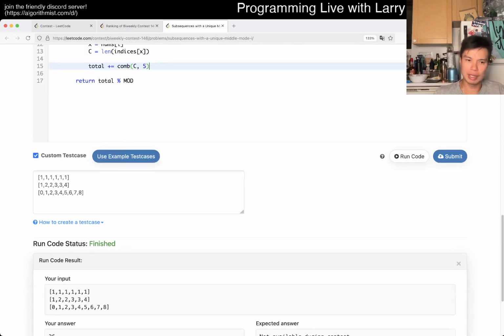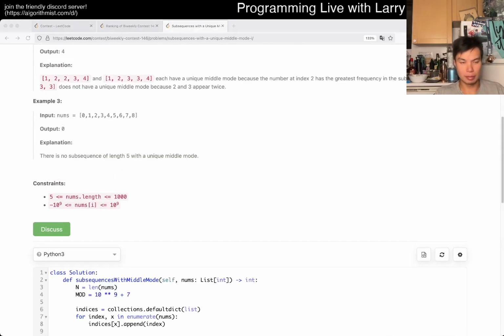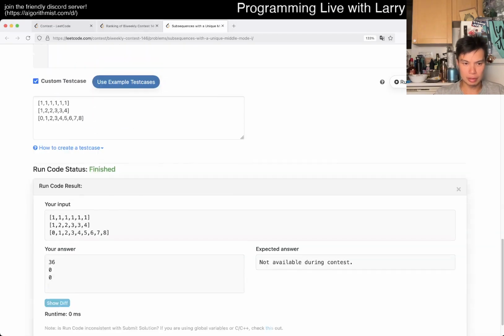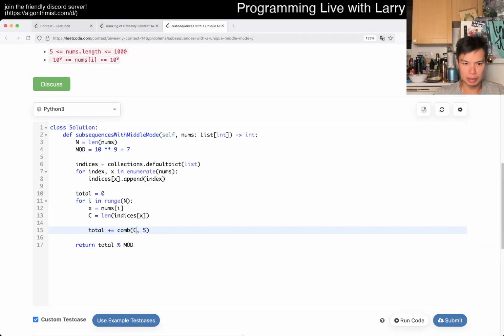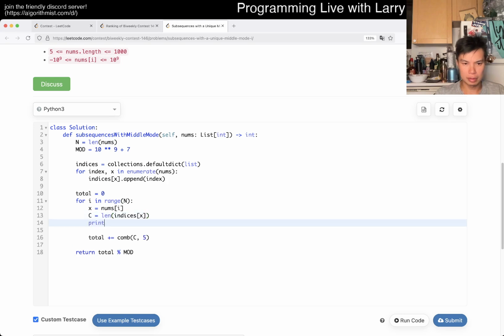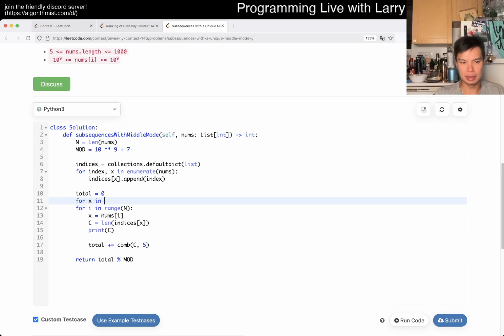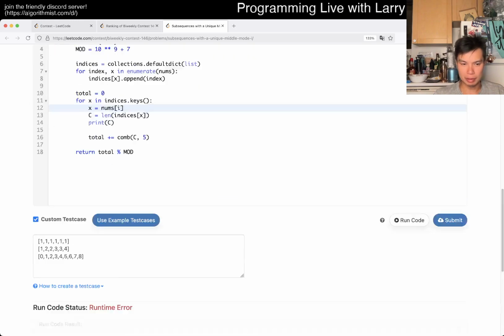Why is 6 choose 5 not right? 6 choose 5 is 6. Okay, so 6 choose 5 is right, but I'm just doing... Oh, well, that's because I'm doing it this way. Whoops, I forgot. Actually, it should be for x and index user keys. Maybe I'm doing this one though. Yeah.